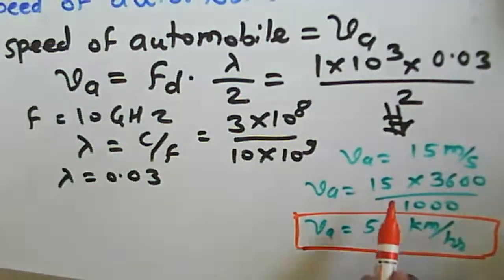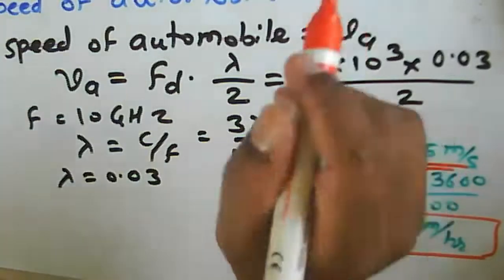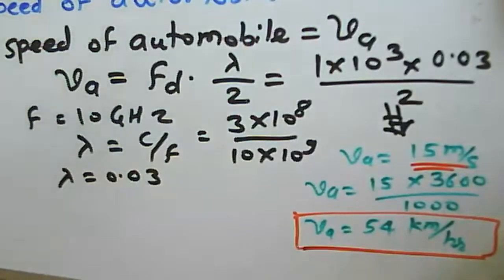Here we can solve it in meters per second also, but generally the speed is measured in kilometers per hour, so that's why we convert it. So we get the speed of the automobile, or the speed of the target, as 54 kilometers per hour.